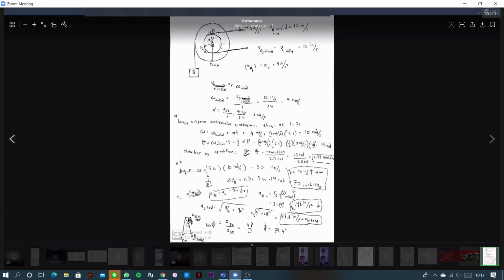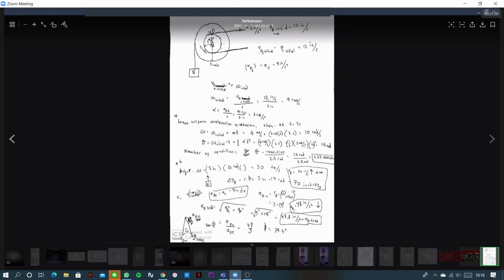And then we try to find the angle of the acceleration's direction, because the normal acceleration is pointing downwards to the center of the circle, and the tangential acceleration is pointing to the right.